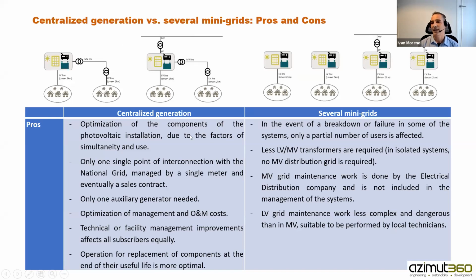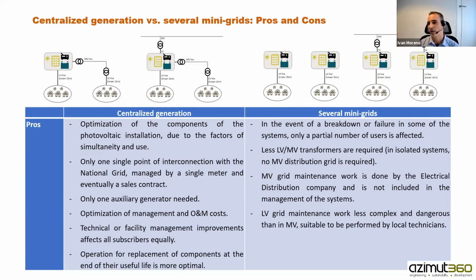Then you also have less hardware regarding the transformers required to connect these plants to the auxiliary support of the utility grid. As you can see on the left side with centralized generation, we always have to use step up or step down medium voltage transformers in case of distributing, connecting to isolated areas from that centralized plant.